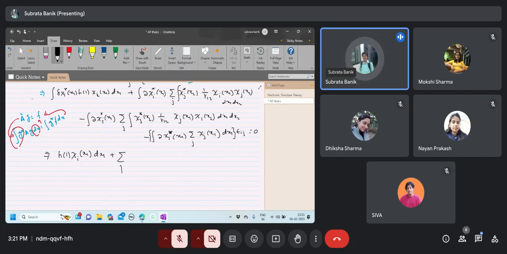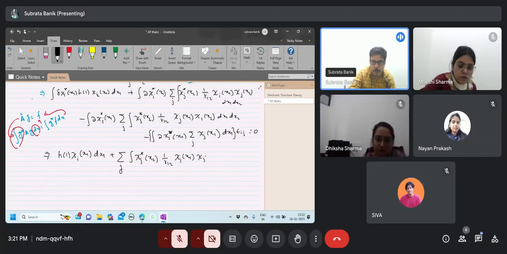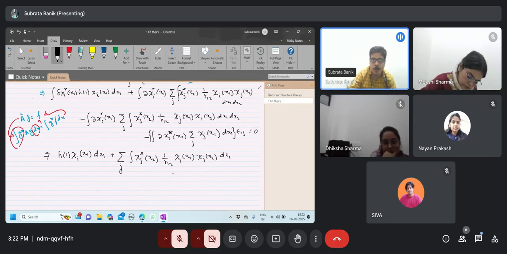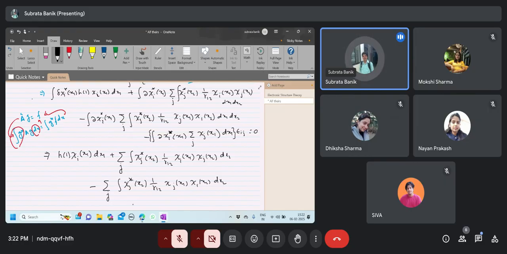I get sum over j of integration of chi j star x2 1 upon r1 2 chi I of x1 chi j of x2 dx2, minus sum over j integration of chi j star x2 1 upon r1 2 chi j of x1 chi I of x2 again dx2, minus this one.